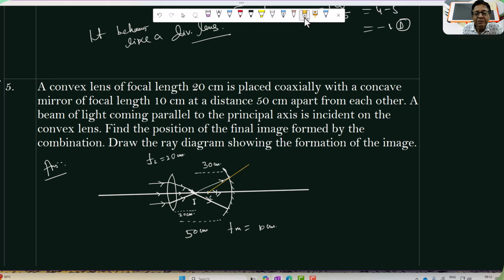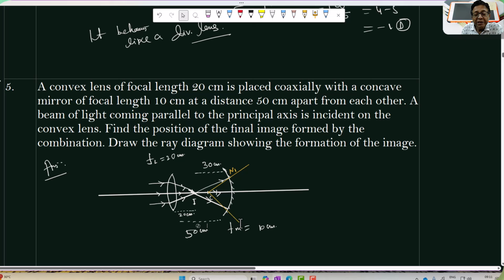This is C in 1. And for this one, the normal is like this. This is the normal. So I did not put any direction of arrow over there. Okay? No direction of arrow will be there.